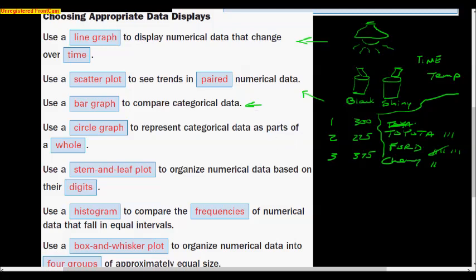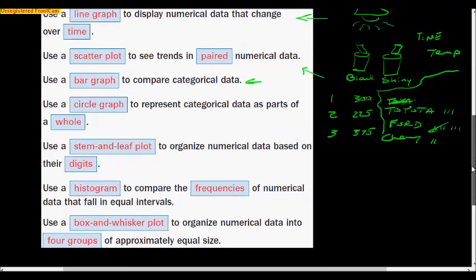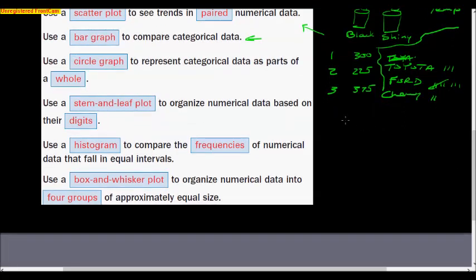A lot of times a bar graph is good for that. Circle graph, a lot of times that is when you're breaking a big part of something up into little parts. I'm thinking maybe a family budget, and you have this percent goes towards food, and maybe this percent goes towards your rent or your mortgage for your house.